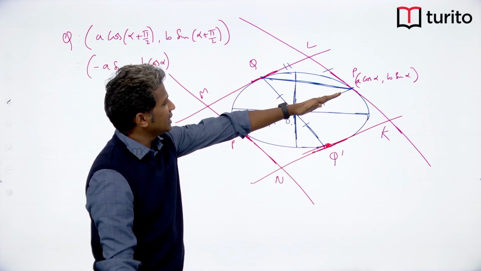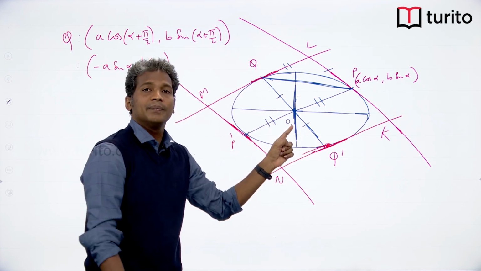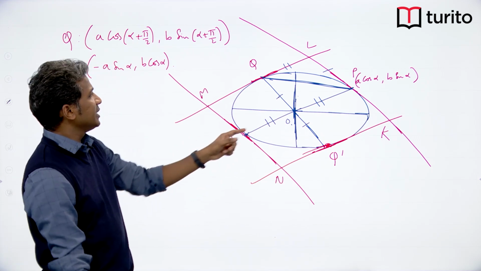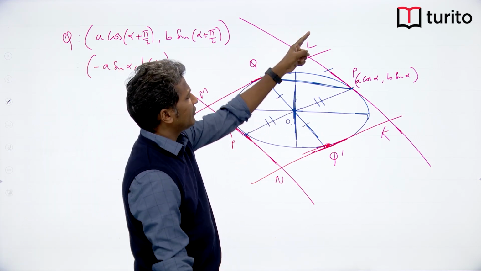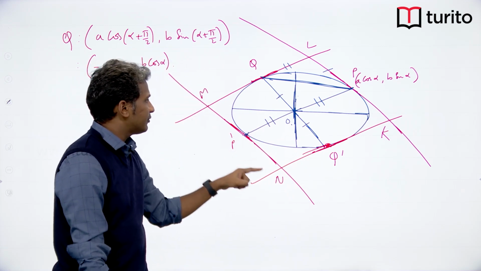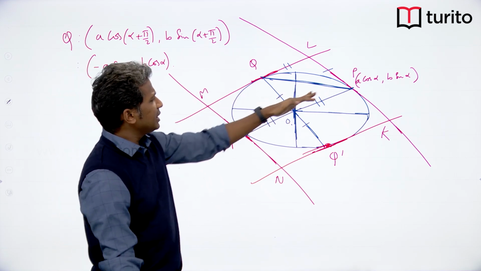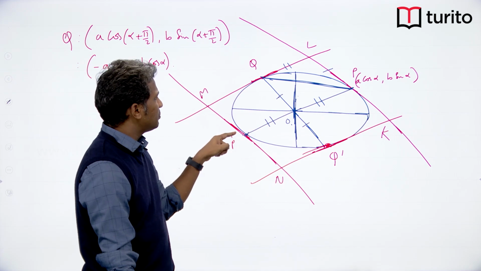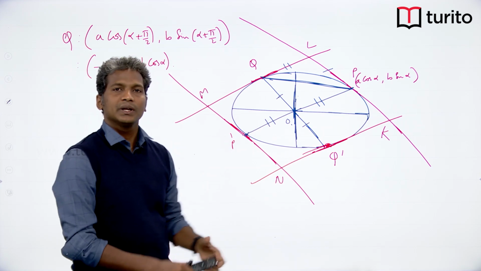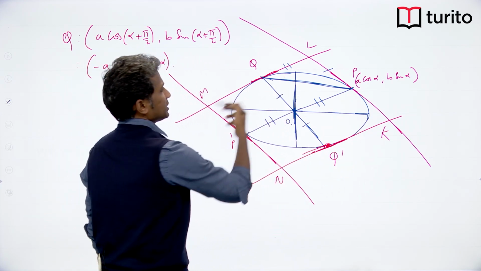Because this line is parallel to this line and also parallel here, and it is bisecting the chord, it is going to bisect this side and this side also, which means P must be the midpoint of L and K. Similarly, P' must be the midpoint of M and N. So PP' is passing through the midpoints of this chord and also the midpoint of this side and this side. Similarly, QQ' is going to pass through the midpoints.